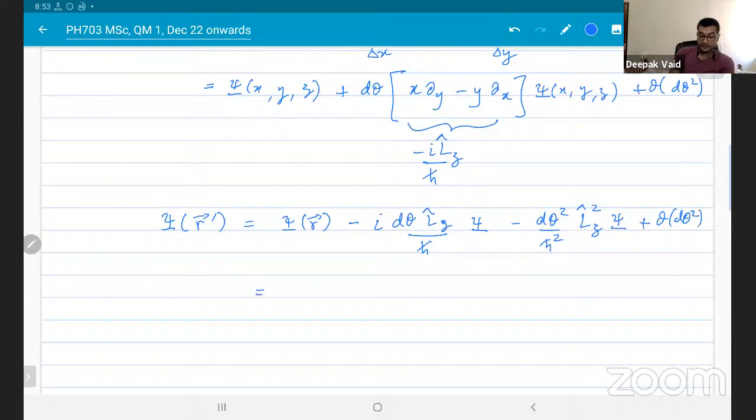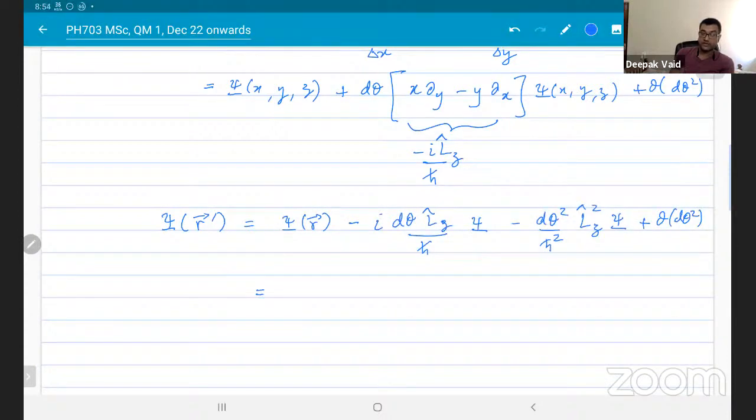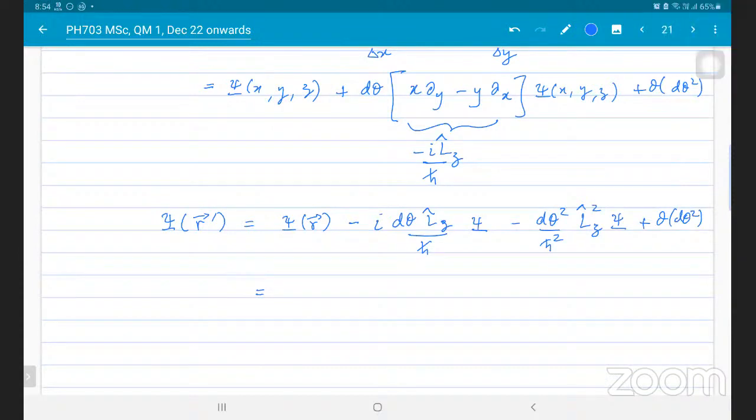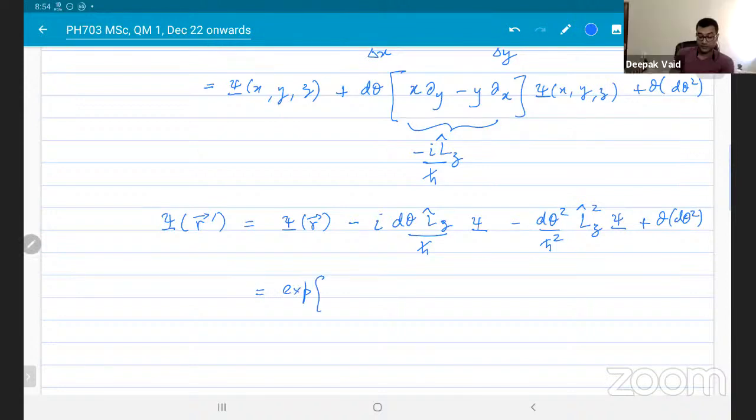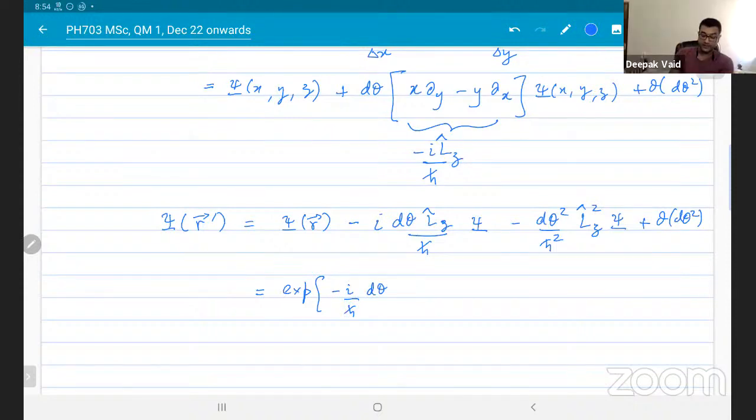What can I write this expression as? This whole series, what form will it take if I want to write a compact expression? Exponential. Exponential what? Minus i by h bar d theta, where d theta is the amount by which I am rotating, right? Lz acting on psi.